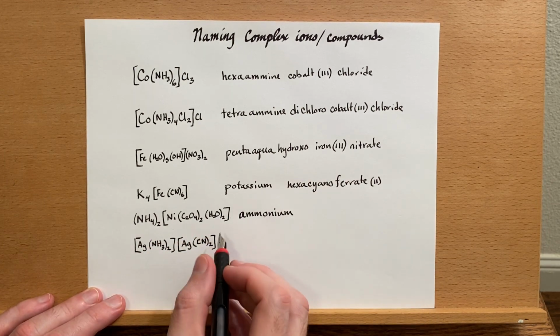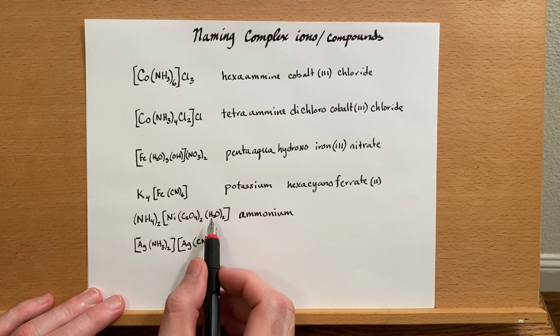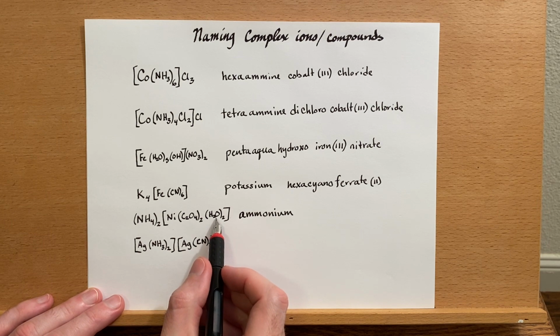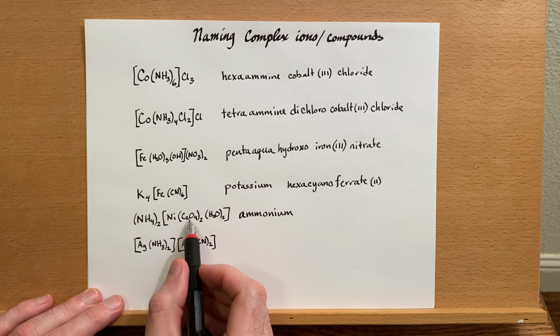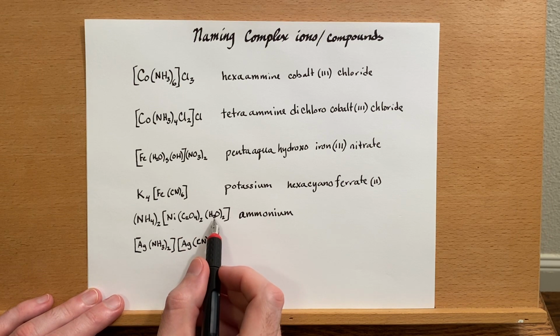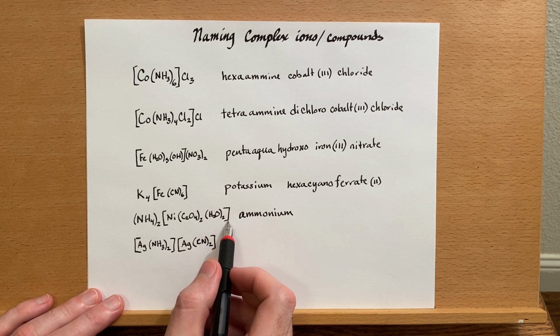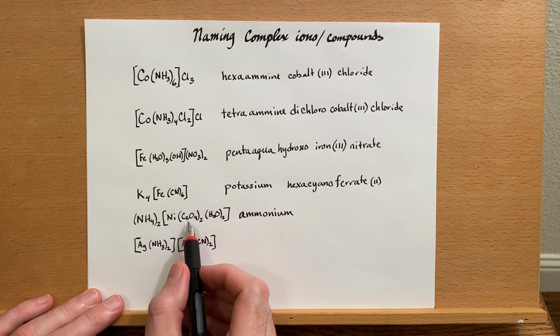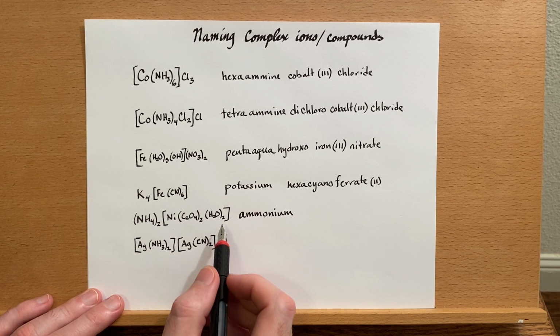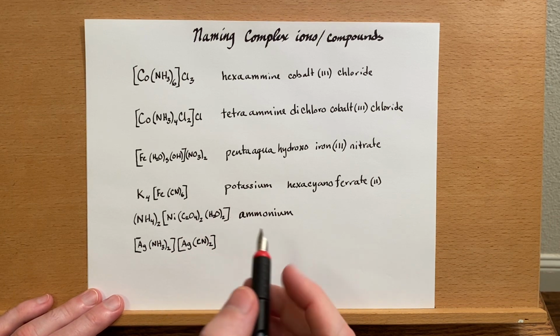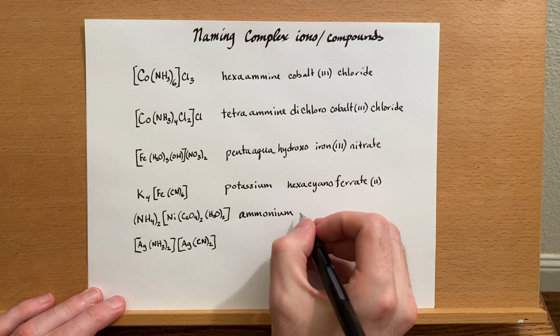And then we've got to go in alphabetical order. So this is water ligands right here. And then there's oxalate. Water is called aqua. And this is oxalate. So that starts with an A. That starts with an O. This one should be named first. So it's diaqua because there's 2 of them.